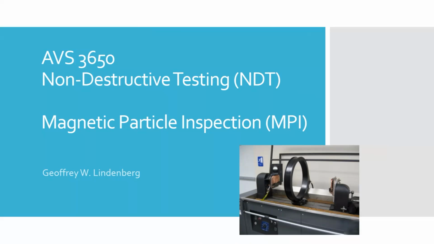Even stainless steel, for instance, contains iron. It won't hold magnetism, but in some cases you can perform MPI on it because you can magnetize it while you're performing the test. It won't remain magnetized afterwards, but if it can be magnetized during the test, then you can use this.